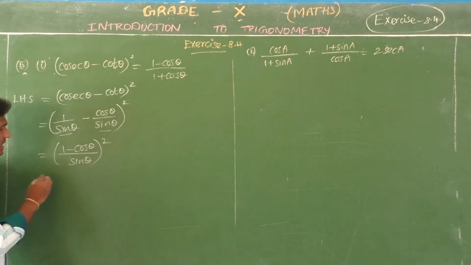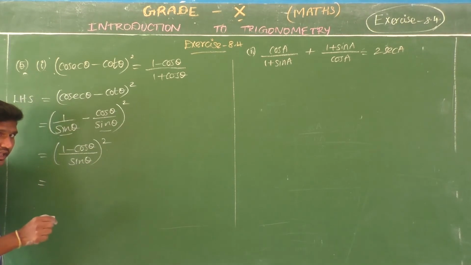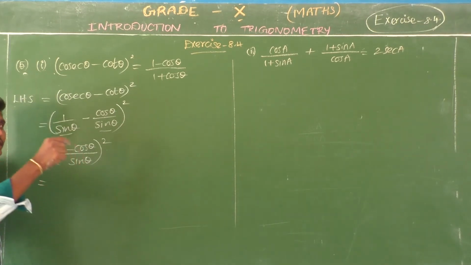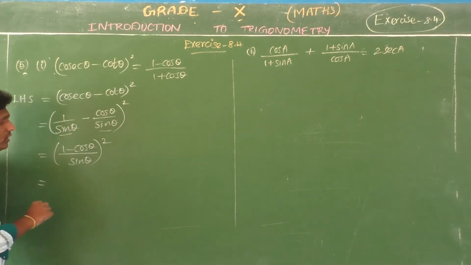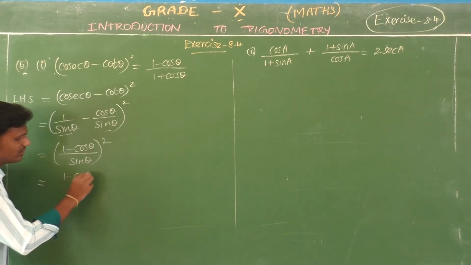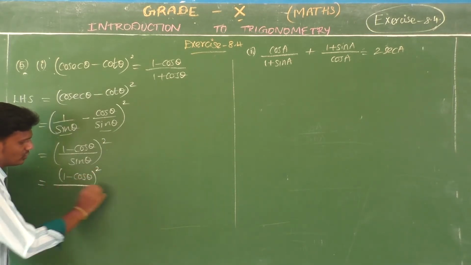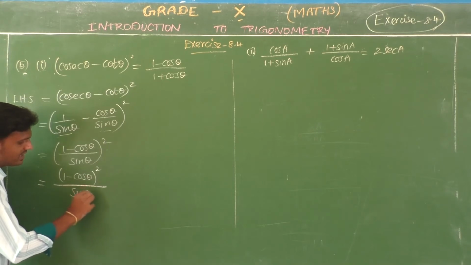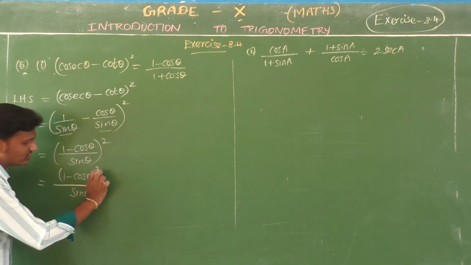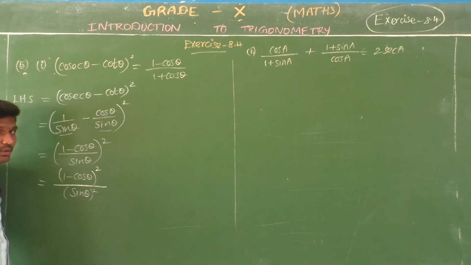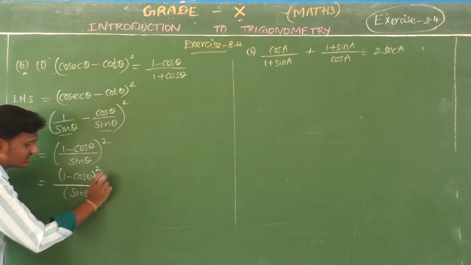Then next I am going to square the numerator and the denominator individually. So it becomes 1 minus cos theta the whole square, whole divided by sin theta the whole square, or otherwise sin square theta, whichever you write, not a problem.